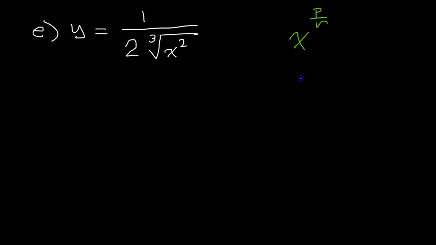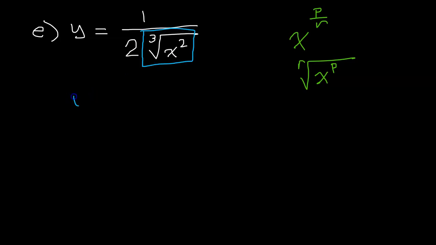So I could rewrite this, and the root would go here, and then the power goes here. And that's a two-way street. So I'm just going to reverse this for this part of the function right here.